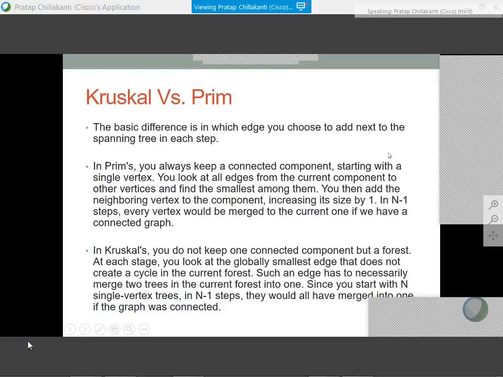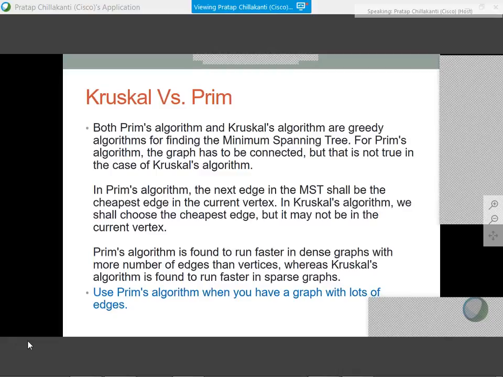Now, which one to use, right? Somewhere here I said, yeah, see the one in the blue there at the bottom. Use Prim's algorithm when you have a graph with lots of edges. Why? Because when you're talking about edge-centric, if you have a lot of edges, with an edge-centric algorithm like Kruskal, think of it.